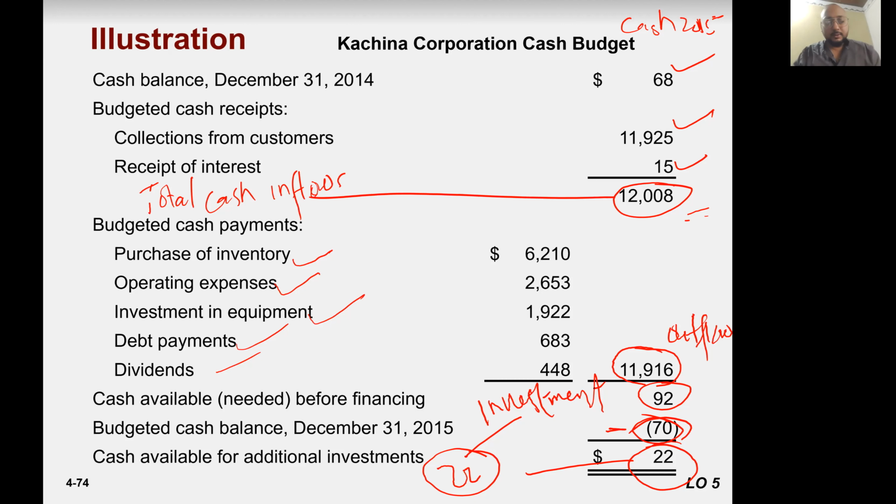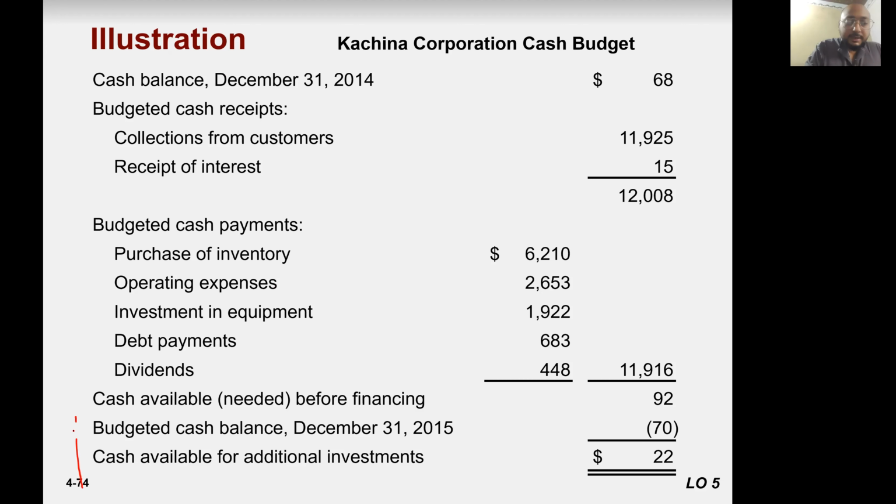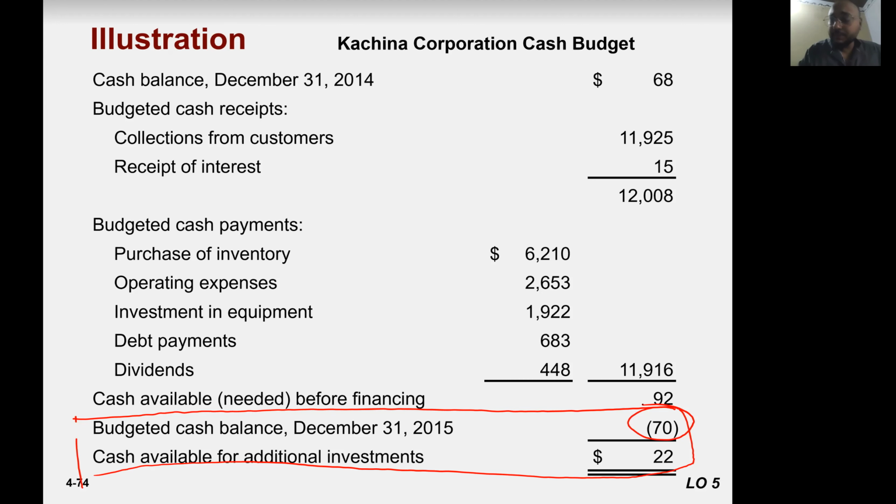All right. So my question, or many of the students' questions, would be that this would be given to you: for planning of 2015, at the end of 2015 we must have a cash balance of 70 million. So do we have extra cash here? Yes, 22 million. So this 22 million you can invest in expansion of the business, purchasing new products or whatsoever you want to do with this cash.